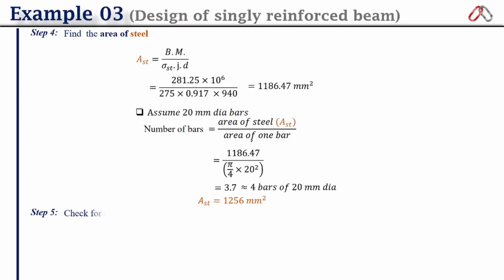The next step is we have to check for the minimum steel according to IS code provision, and the formula is AST minimum upon BD is equal to 0.87 upon Fy. So we can modify this formula into another form.